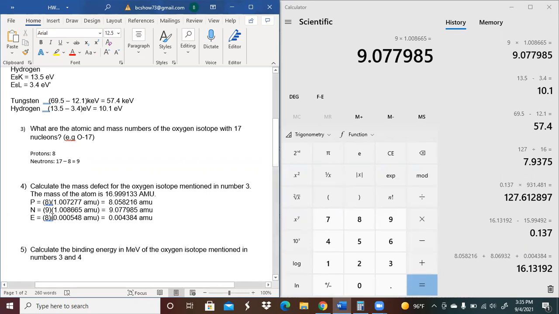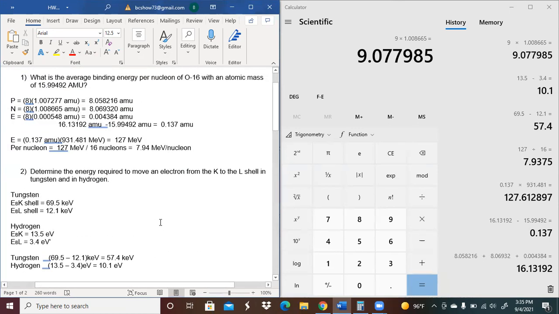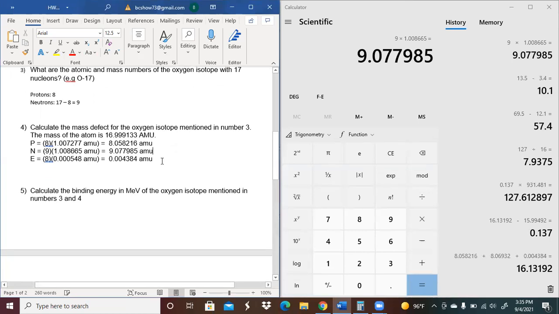Well, we are assuming here that the isotope is going to be electrically neutral. So yes, we're going to say that the number of electrons is the same. So now the question becomes, what's the sum of all of that? If I take all of those and add them together, what do we come up with?